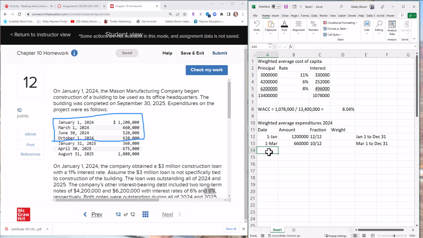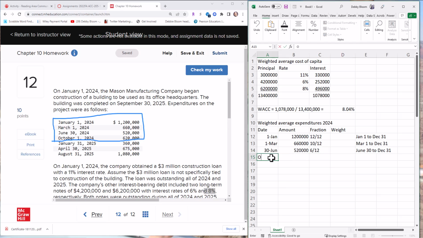Third expenditure that we have is June 30th. That amount is $520,000. I have to count the number of months from June 30th to December 31st. That looks like 6 months, so that is going to get a fraction of 6/12.